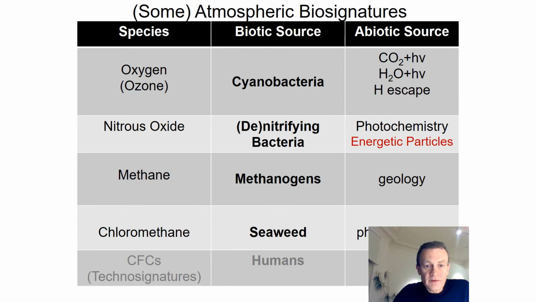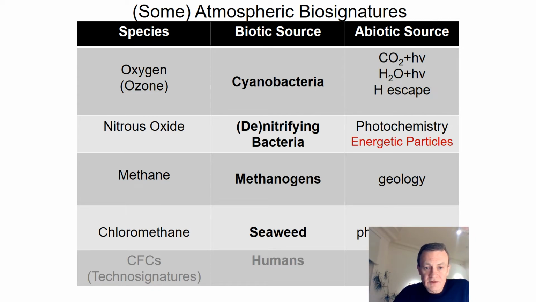The second row, nitrous oxide on the Earth, mainly comes from nitrifying and denitrifying bacteria. But a small amount can come abiotically from photochemistry or from energetic particles.